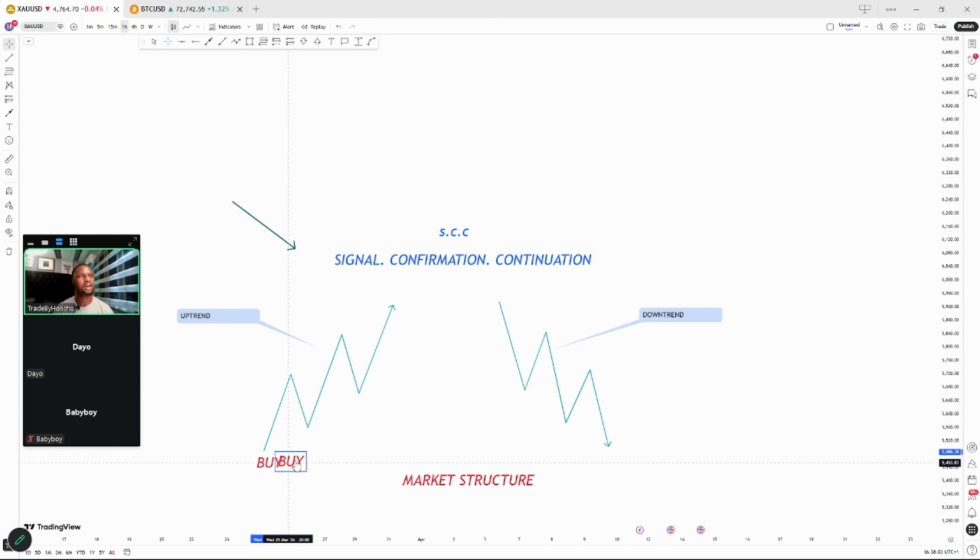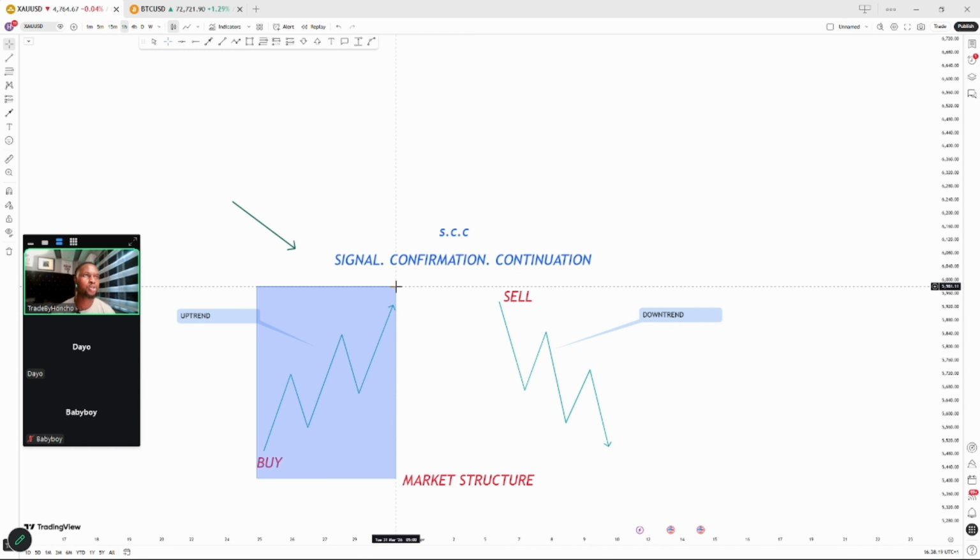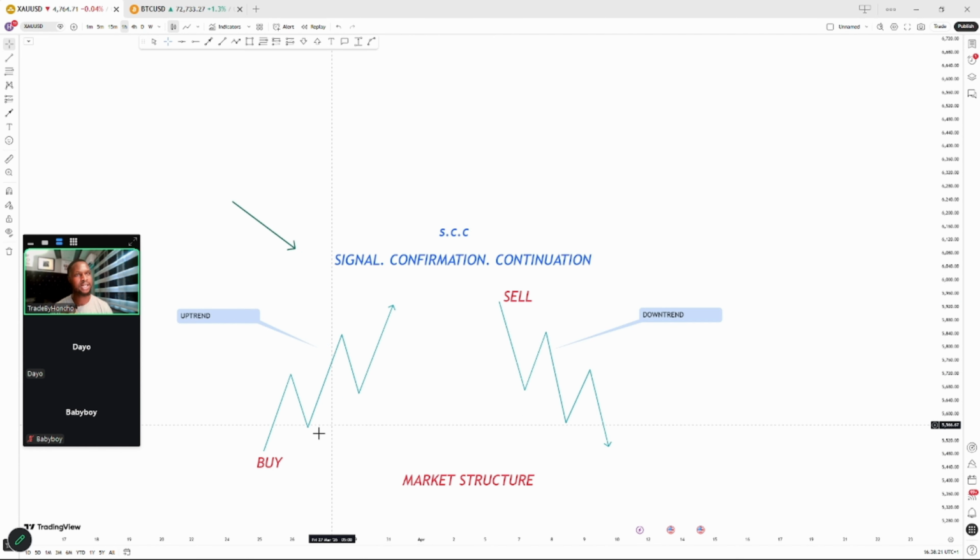And this other one, you are going to be selling this market. So if this market is going up like this, you are going to be looking for opportunity to buy this market that is going up. If this market is coming down, you're going to look for opportunity to sell this market for you to make money. Do you understand?